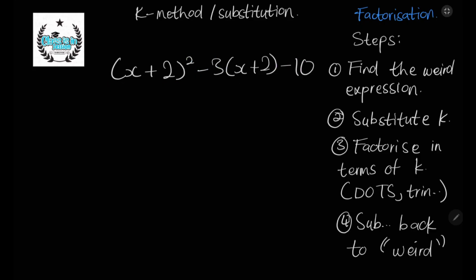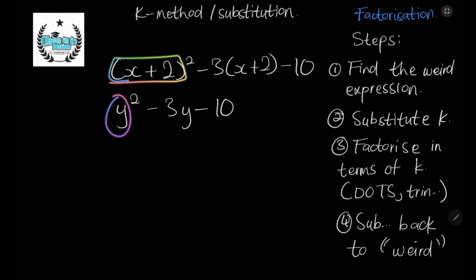This looks a bit weird, but it's basically y² − 3y − 10. Let's replace this part with y and this part with y. We still have the squared, the negative 3, and the negative 10.